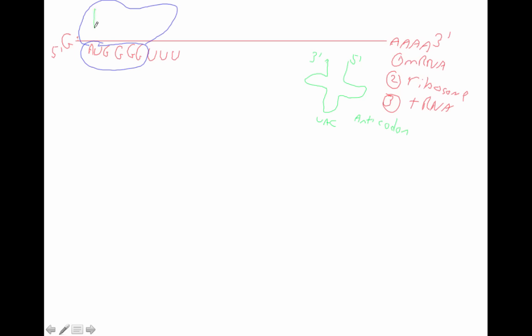I'm going to draw it just as kind of a T sign here. And every tRNA that is UAC at the bottom will always have the amino acid methionine attached to it, just like here, attached to this 3' end. That's how we know that a methionine will always be added here.